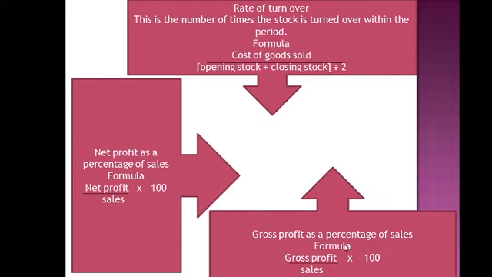The formula is gross profit over sales times 100. I hope all these things are clear. You know what our gross profit is, the profit you make from your trading account. You know what our net profit is, the profit you make from your profit and loss account. We know how we get our sales. This 100 and this 100 are here because we're talking about a percentage.